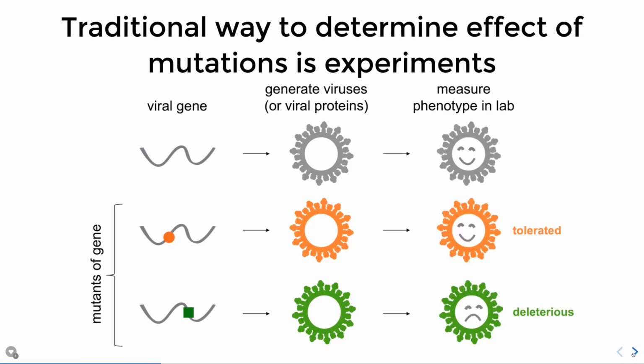And then you do an experimental assay in the lab to measure the phenotype of that mutated virus or viral protein. So in this cartoon example, maybe the unmutated viral protein functions quite well. The orange mutant still functions well, but the green mutant is somehow deleterious. And so we would say that there's strong constraint or selection against that green mutation.